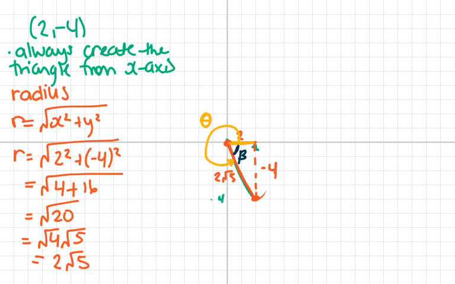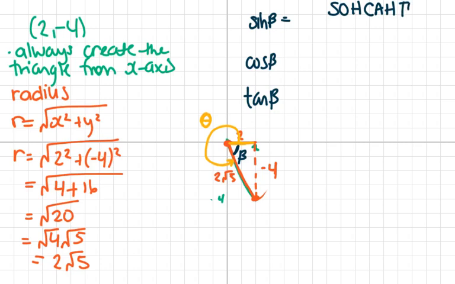So to find angle beta here, I'm going to use the 3 primary trig ratios. So sine beta, cos beta, and tan beta. So sine, if you remember, is opposite over hypotenuse.